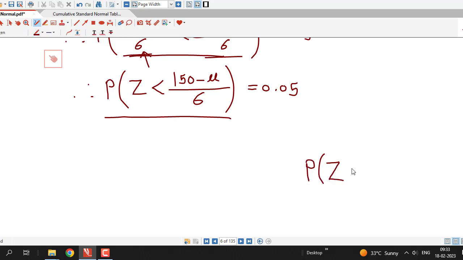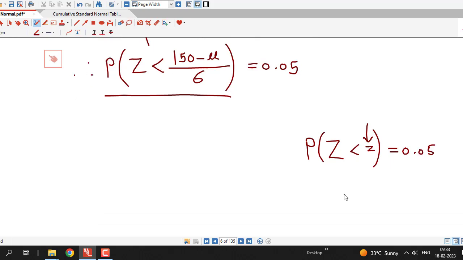We have this type of situation here, probability that standard normal random variable is less than some value Z equal to 0.05, or we can say that area to the left of this point under standard normal curve is 0.05.